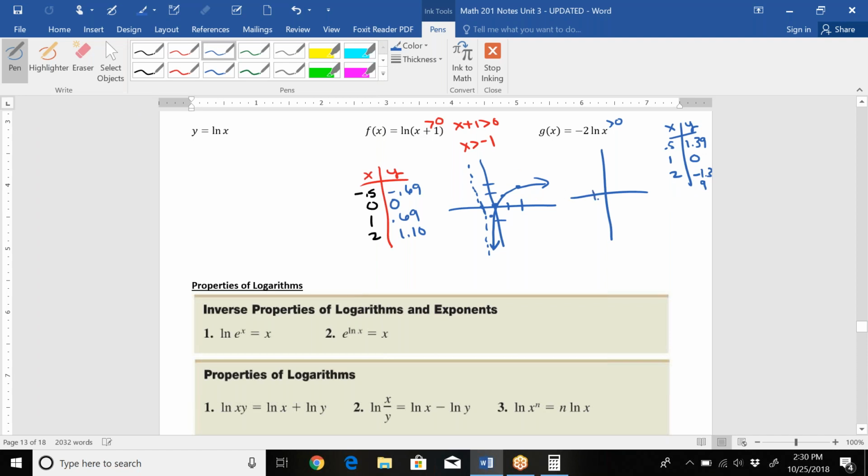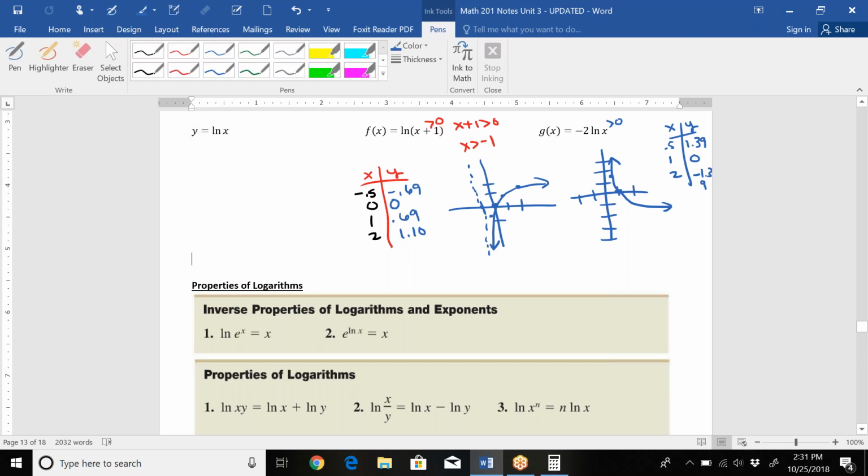So we plot this. So 0.5 is at 1.39, 1 is at 0, and 2 is at -1.39. So notice this is still a logarithm graph, but it's flipped upside down.